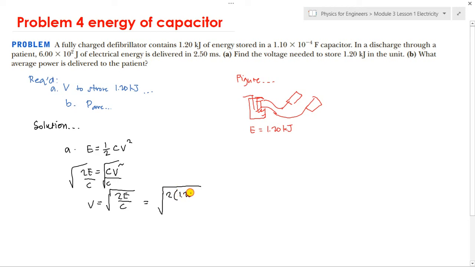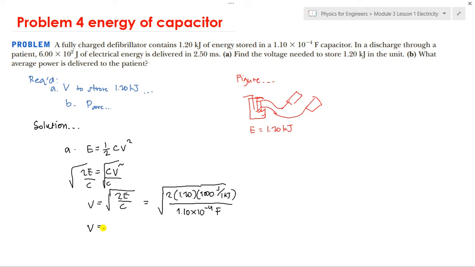2 times the energy is 1.2 times 1000, kay 1000 joules is 1 kilojoule. Then divide by capacitance here, naka-farad na, so that will be 1.10 times 10 to the power negative 4 farad. So we're now ready to solve for its voltage.